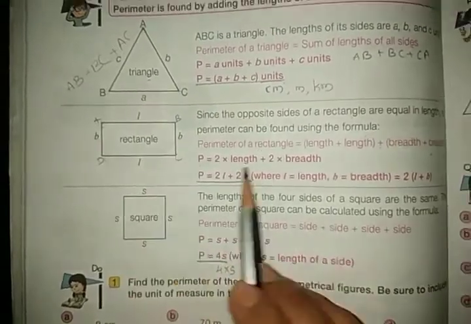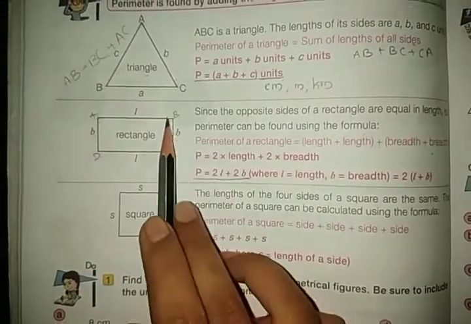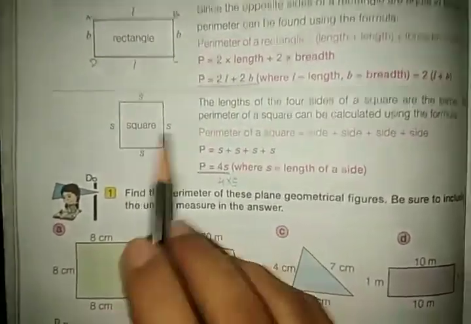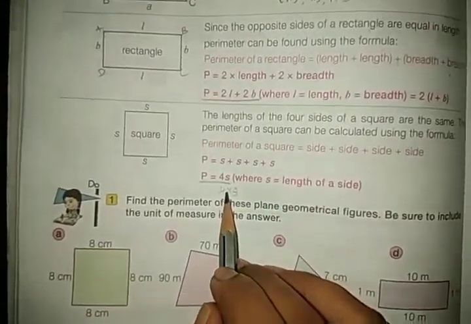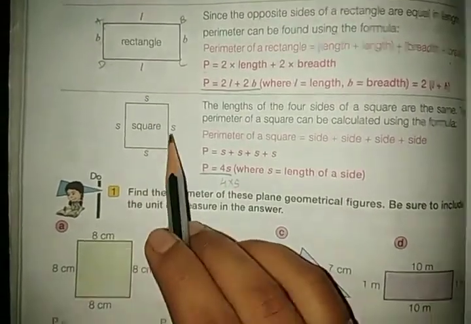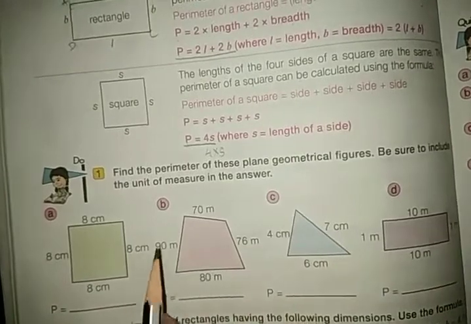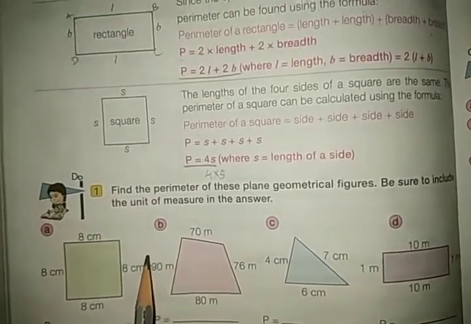Okay, then after adding you will get the total length. Okay, now perimeter of square is 4S, that is 4 times side. Now we'll solve few exercises so that you will understand how to do it.